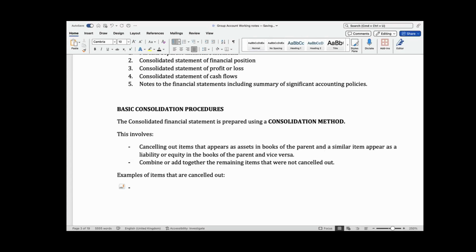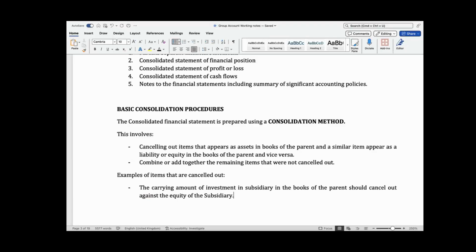Number one, the carrying amount of investment in subsidiary in the books of the parents should cancel out against the equity of the subsidiary.